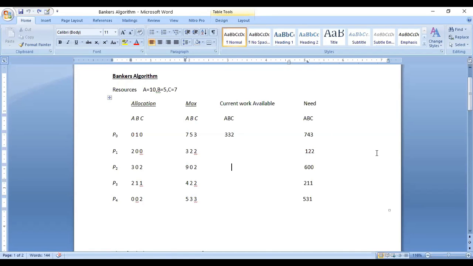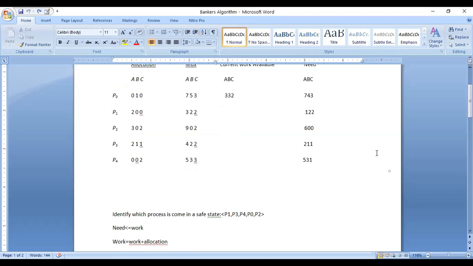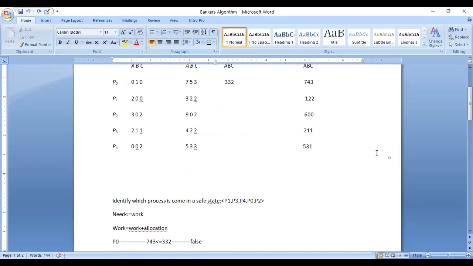Then we have to identify which process comes in a safe state. We have to identify which process, if executed first, will not enter into a deadlock state. That is nothing but the safe state. So you have to calculate that. How to calculate: you have to check each and every process one by one.